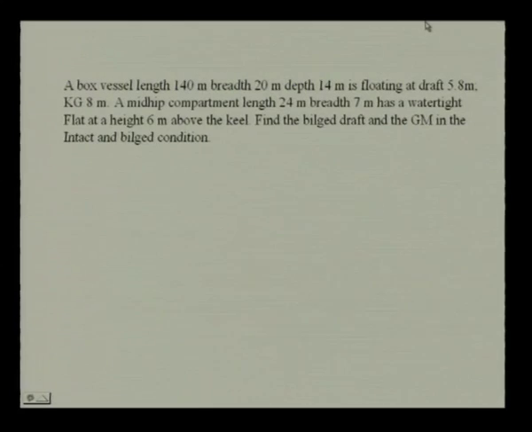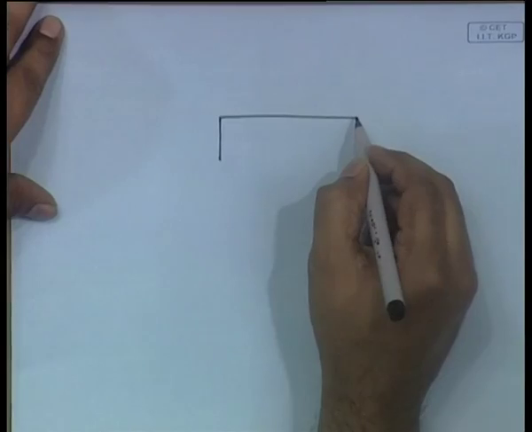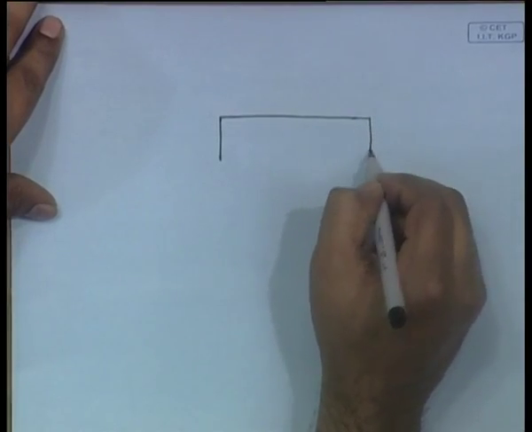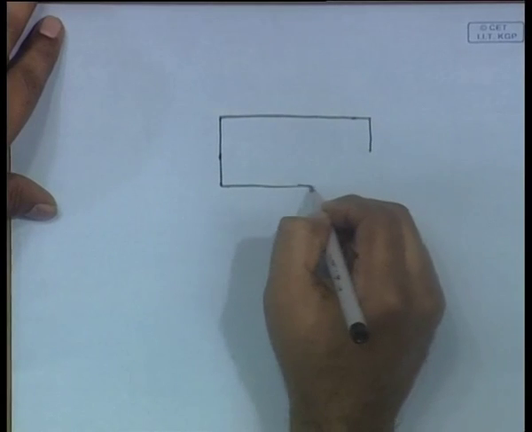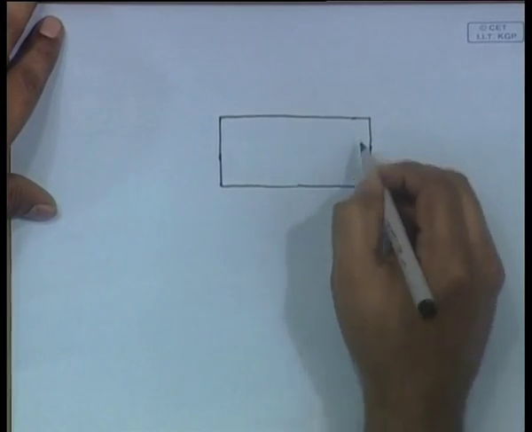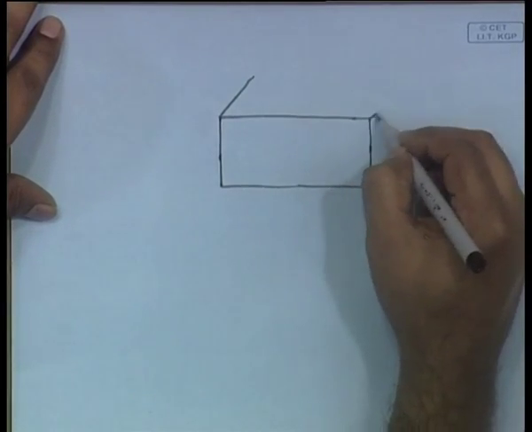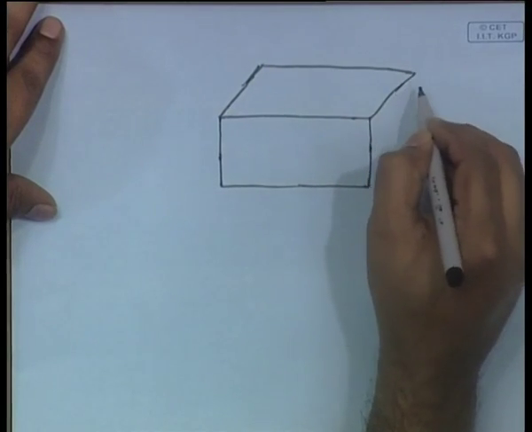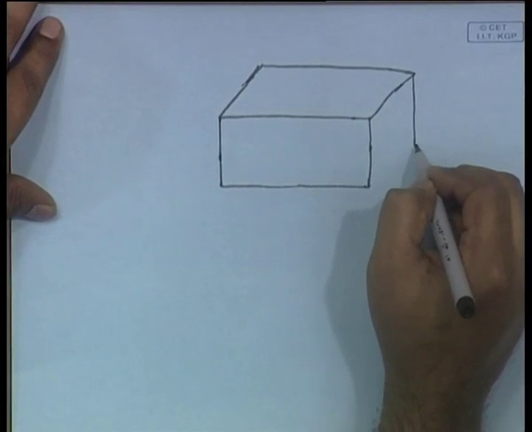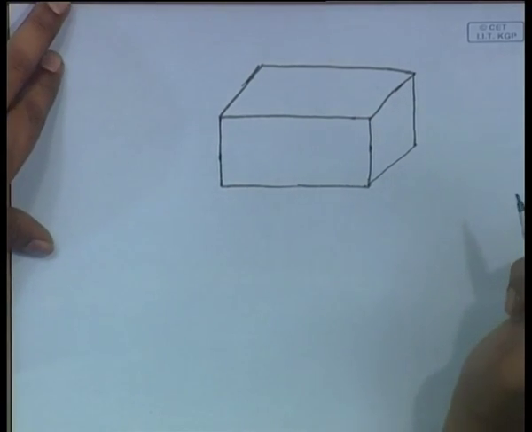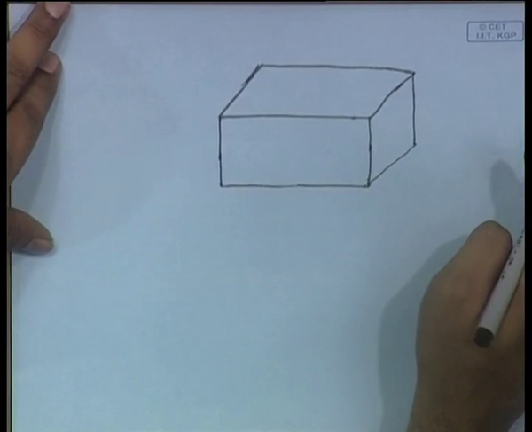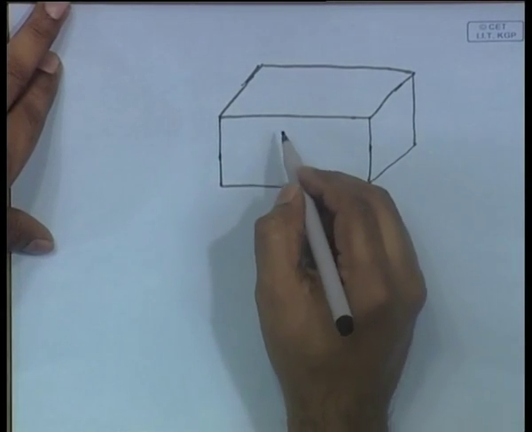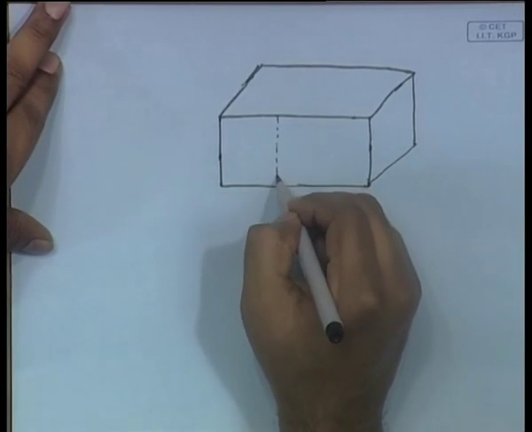So, just like the previous one, you have a box shaped vessel, and you are told that there is a compartment in the middle, this much.